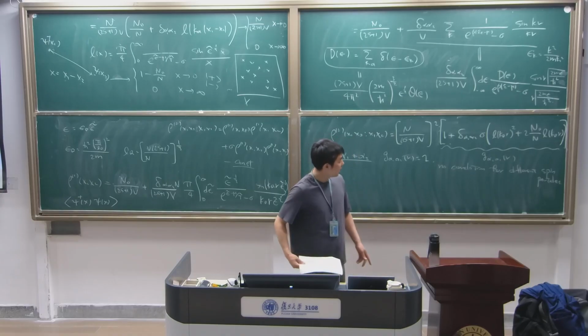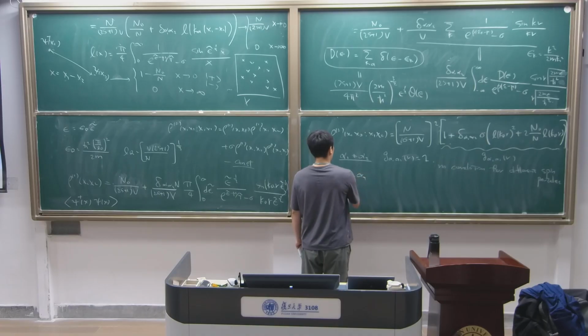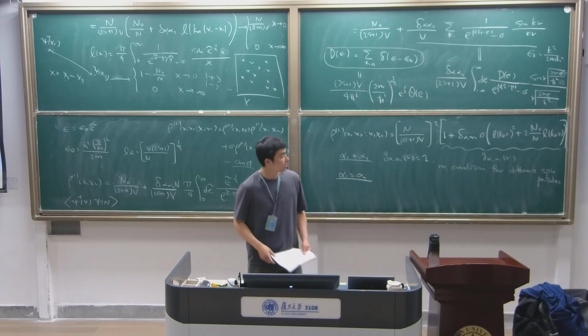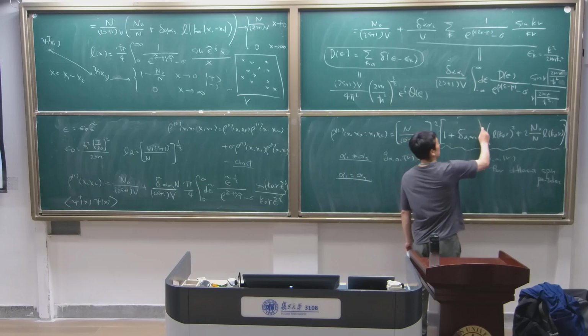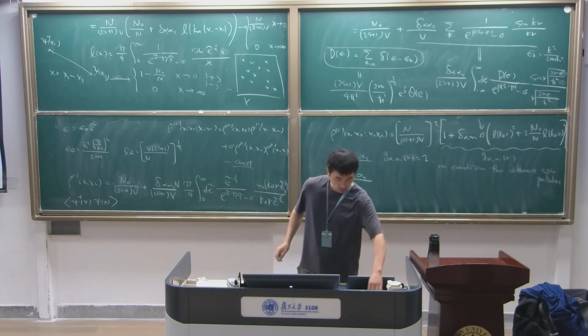And then if you just consider the alpha 1 equal to alpha 2 case, since there is a sigma here, the behavior changes significantly between bosons and fermions.